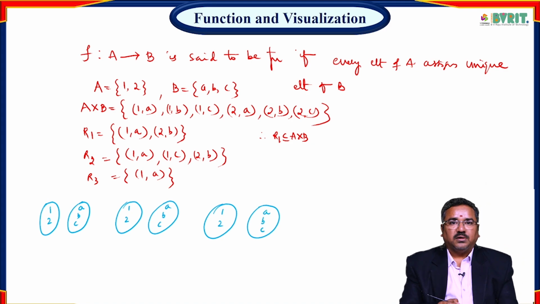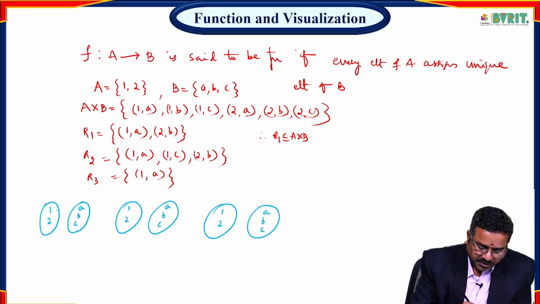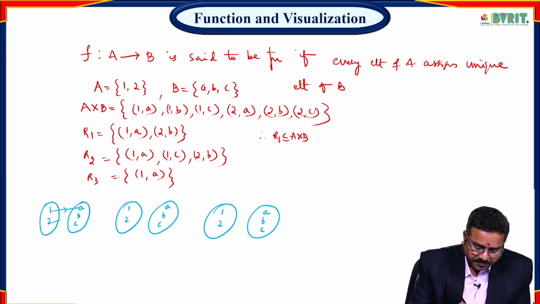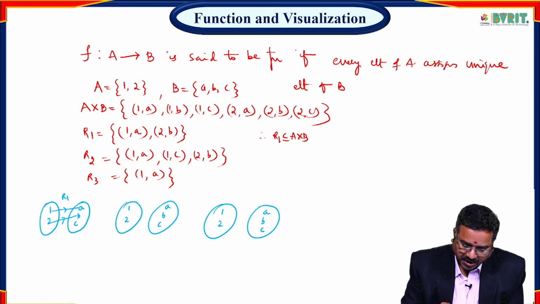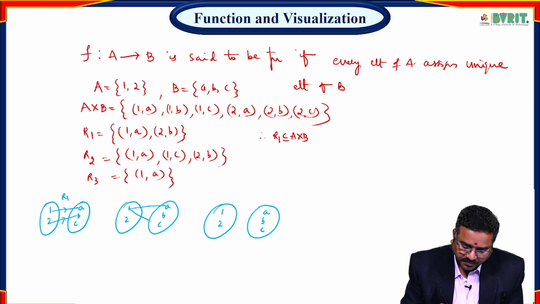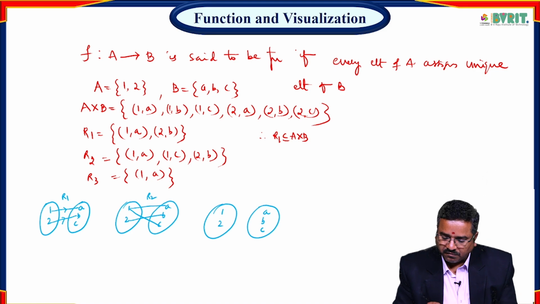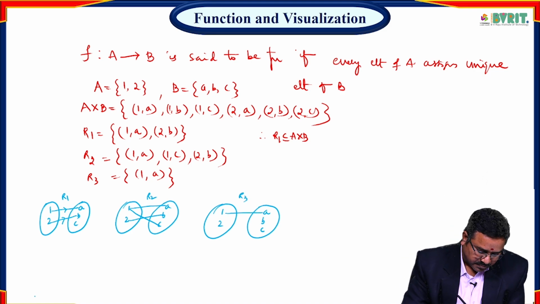Now first we will draw R1 in the Venn diagram: 1a, this is the map, and 2b. This is R1. In a similar manner I will represent R2 also: 1a, 1c, 2b. This is R2. Then R3: 1a.